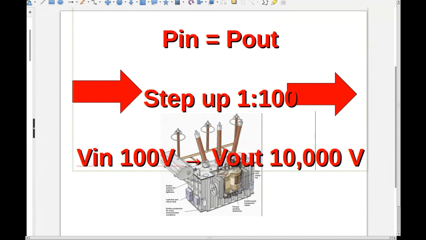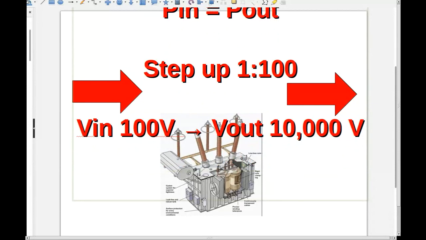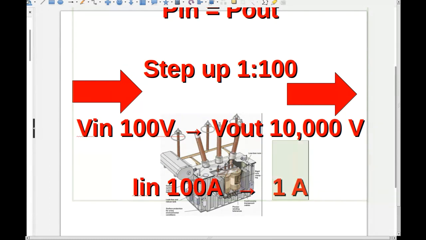Your voltage out would be 10,000 volts, but the current in, 100 amps, becomes 1 amp. So you step up the voltage from 100 volts to 10,000 volts, but you step down the current, because power is the voltage times the current.